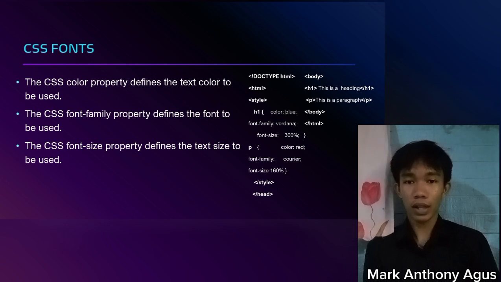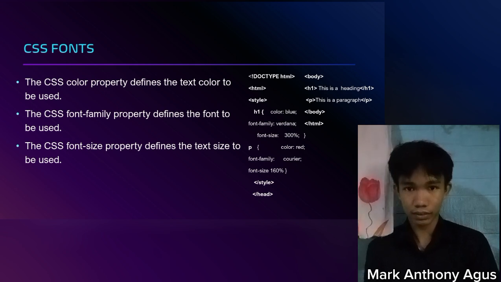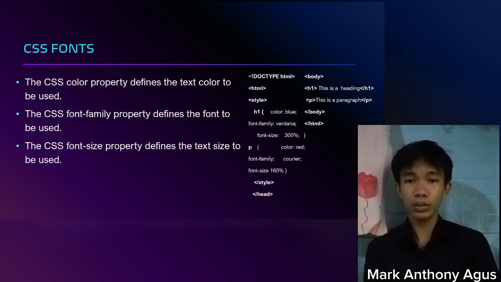The H1 element is styled with blue font color, the Verdana font family, and a font size of 300%. The P element is styled with a red font color, the Courier font family, and a font size of 160%. This code is used to change the appearance of the text on the web page.